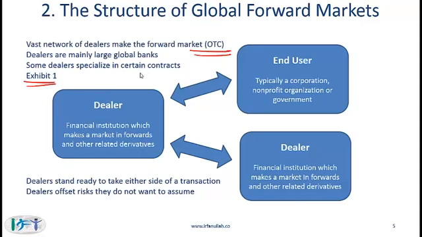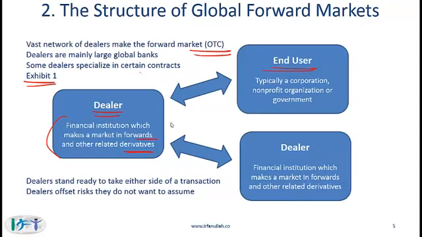Typically, dealers who engage in forward contracts also then do other kinds of derivatives. Here is the definition of a dealer: a financial institution which makes a market in forwards and other related derivatives. A dealer can deal with an end user, which is typically a corporation or a non-profit organization or a government.